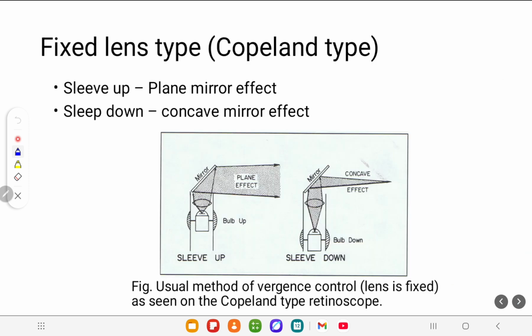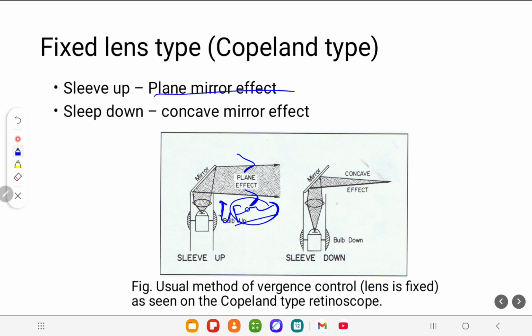So that's the idea. It's the same idea. Plane mirror effect means the distance between the bulb and the lens is at the focal length of the lens, or slightly shorter than the focal length. That's why it's almost plane or slightly divergent.